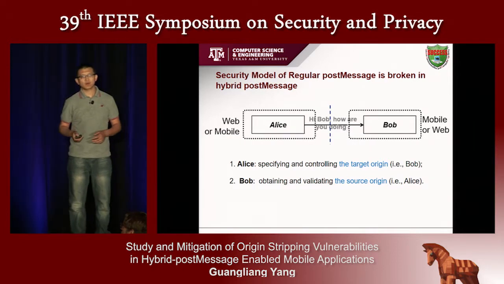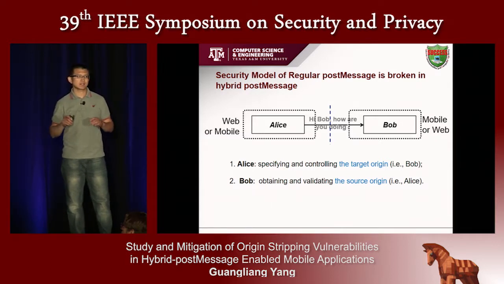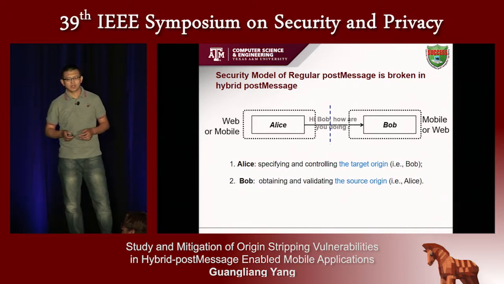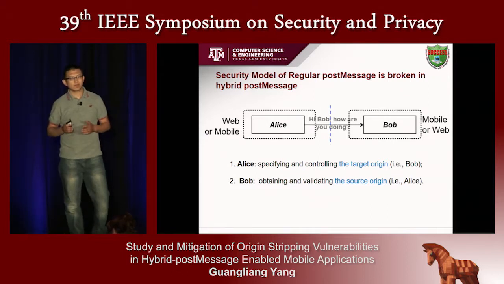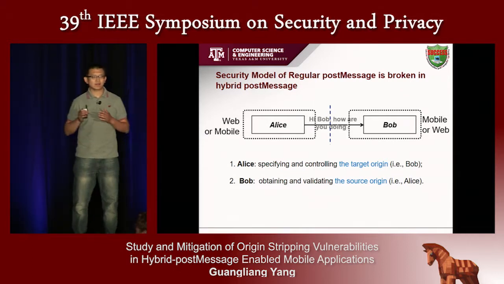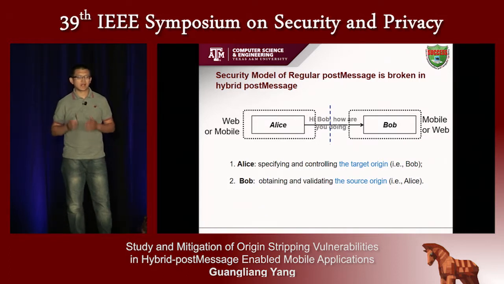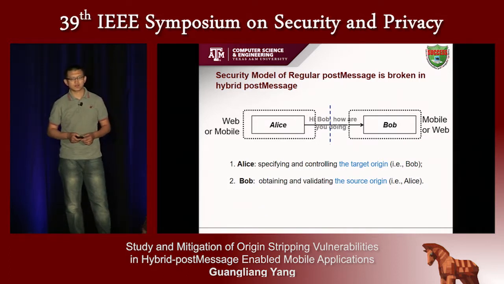However, in hybrid post-message, the story is totally different. Here, Alice and Bob are either web code or mobile code. They can send messages to each other through hybrid post-message. However, unlike post-message, hybrid post-message does not allow Alice and Bob to specify and obtain the target origin and source origin.